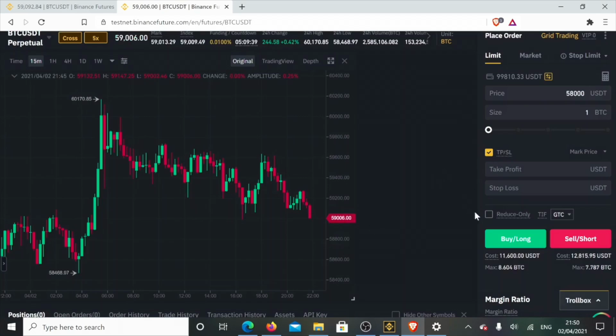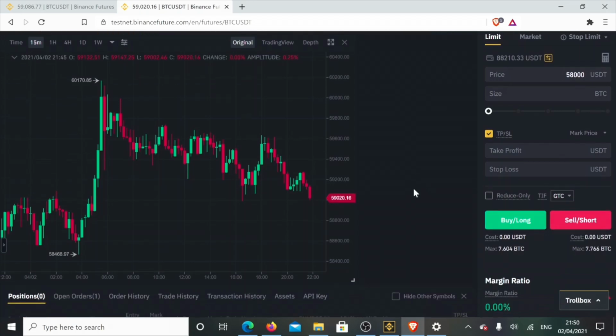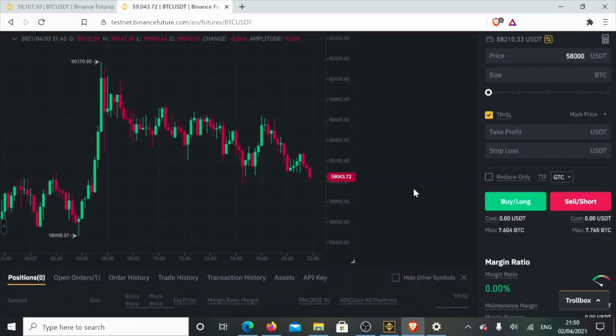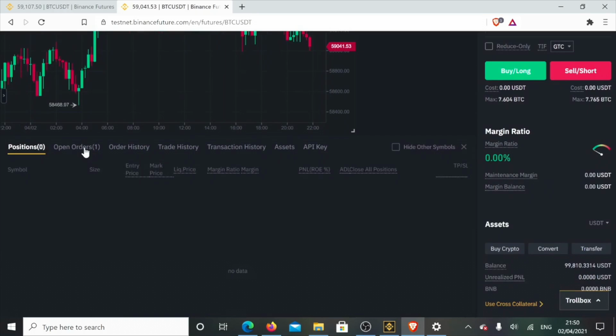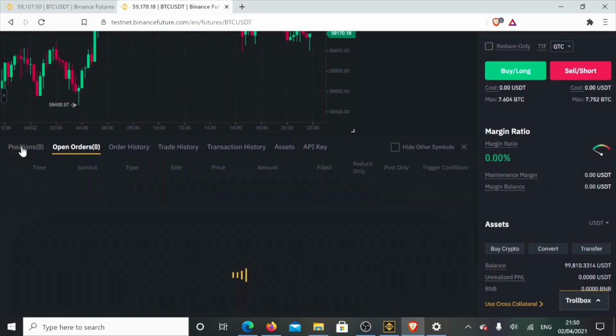Okay, now you click on buy. When you click on buy, you go down and here you check open orders. You can see here your positions.